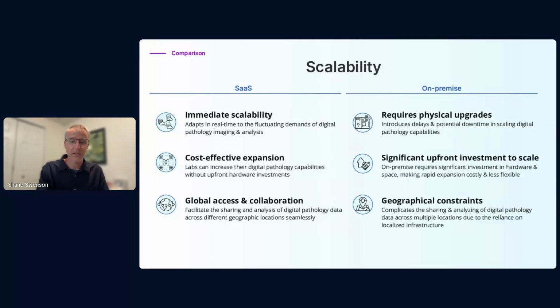Looking towards scalability, we kind of touched on this. Bluntly, the cloud is huge and can scale to handle any reasonable workload that you're going to be able to bring to it. And so, again, it's worth talking with your vendor about, are there any limits to how large of a workload you could process on their system? But well-designed software as a service should really be able to handle your workloads.